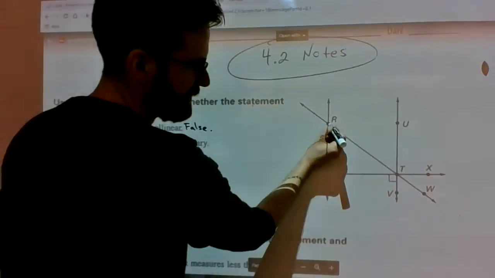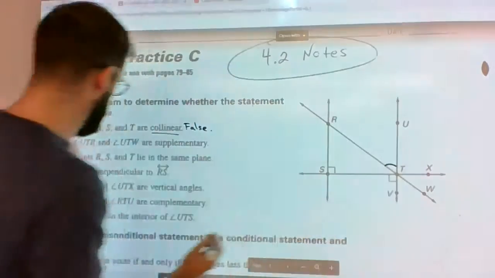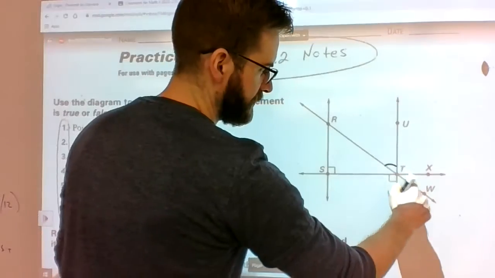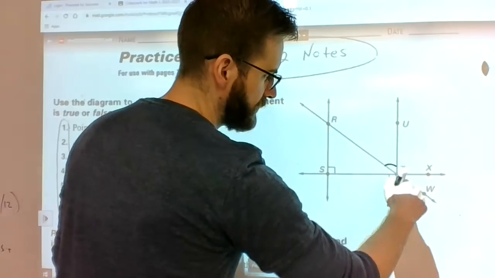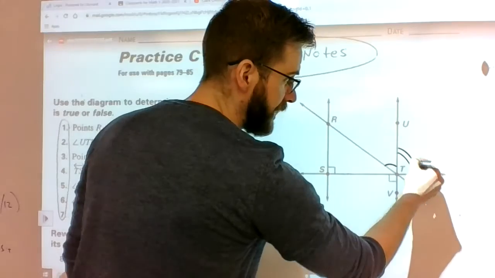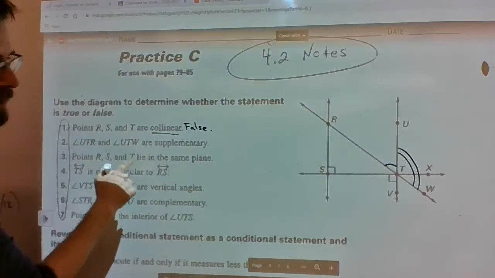UTR, which is this angle right here, so I'll put a little notch to designate that's what we're looking at, and UTW, which is this one right here. I'll do double so that we can distinguish between the two. UTR and UTW are supplementary.